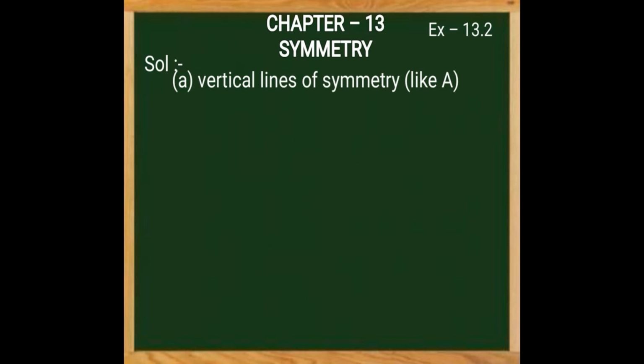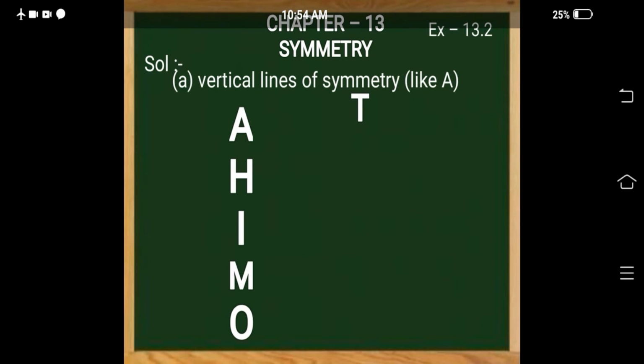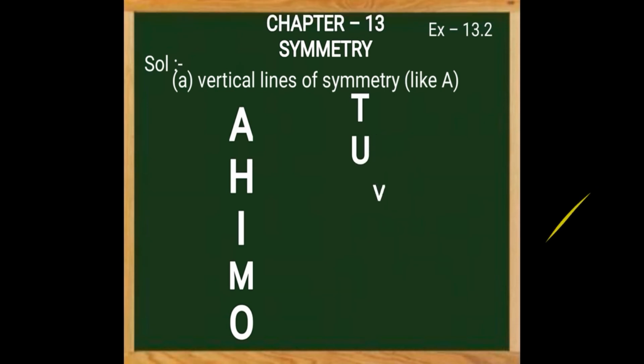Check which make a vertical line of symmetry and which do not. As I did, I've written A, H, I, M, O, T, U, V, W, X.